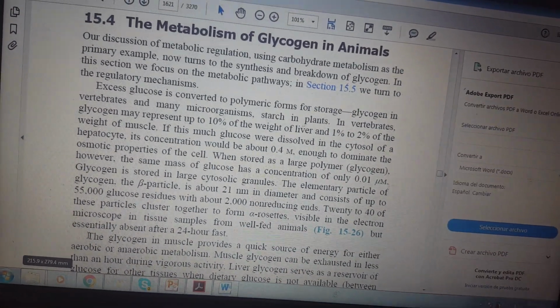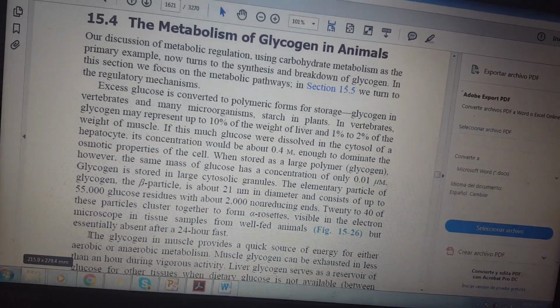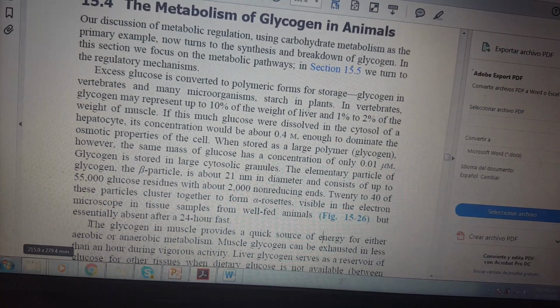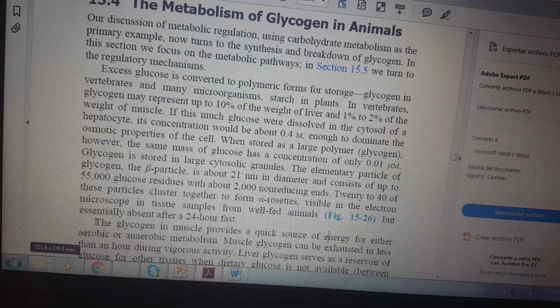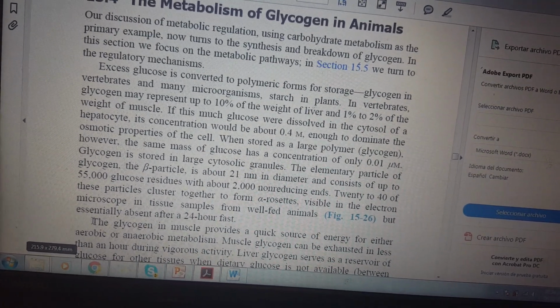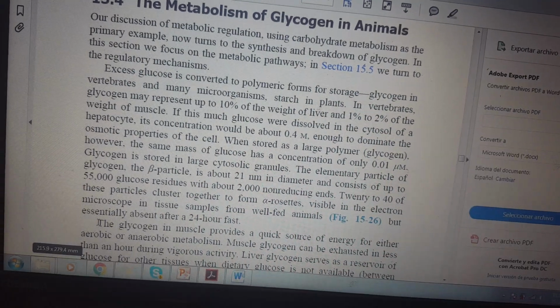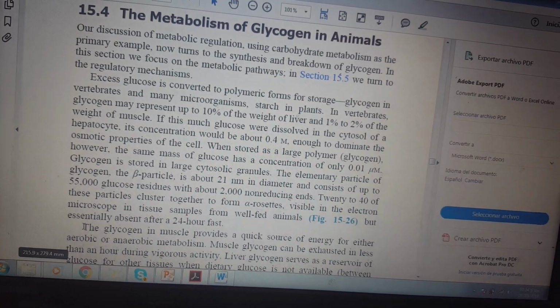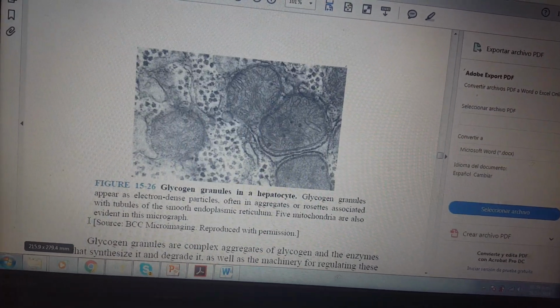So as the concentration of glucose goes down in the glycolysis, we use glycogenolysis to produce glucose from glycogen.